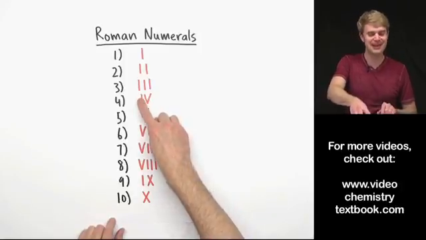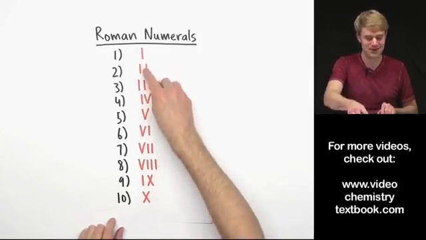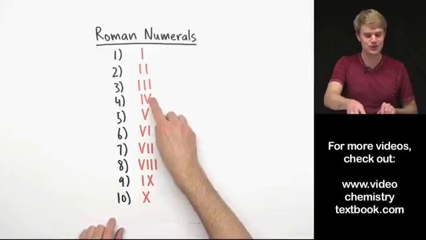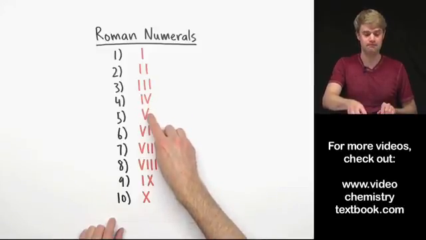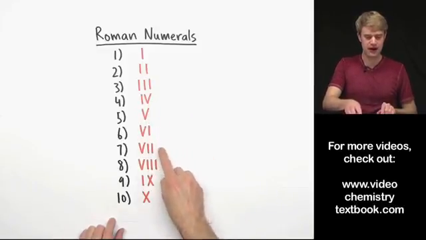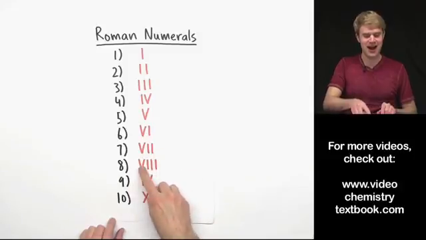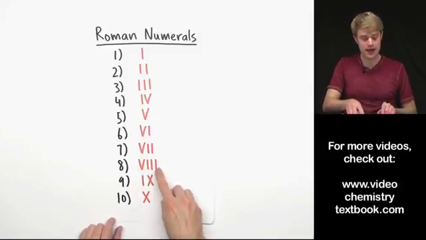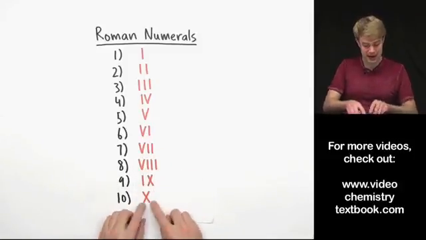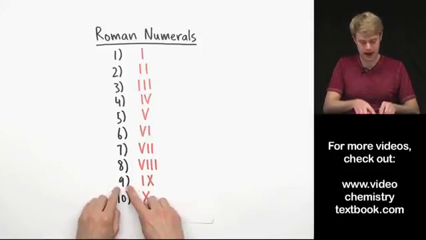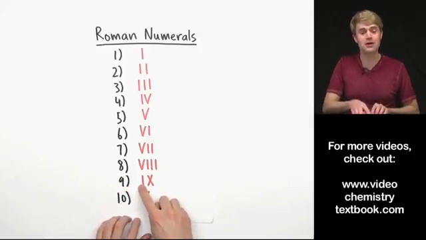If a number is to the left, it's subtracted. Then we have 6 VI, 7 VII, 8 VIII, and then we have the same thing with 9. 10 is an X, and 9 is an X minus 1.